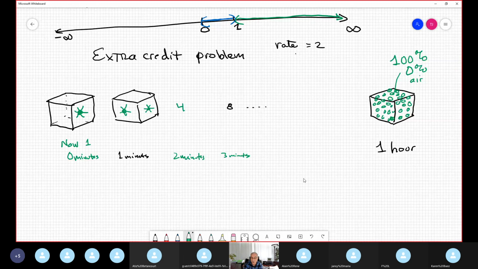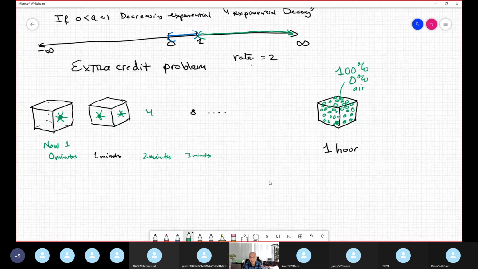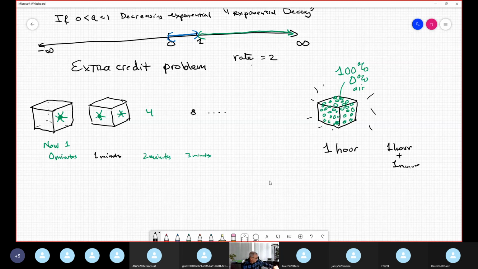Suppose that we have 1 minute more, and I suppose that the box is a science fiction box that explodes. Or not explode. So in 1 hour plus 1 minute, it explodes, or not necessarily explodes, it is cloned in 2 boxes or 3 boxes.